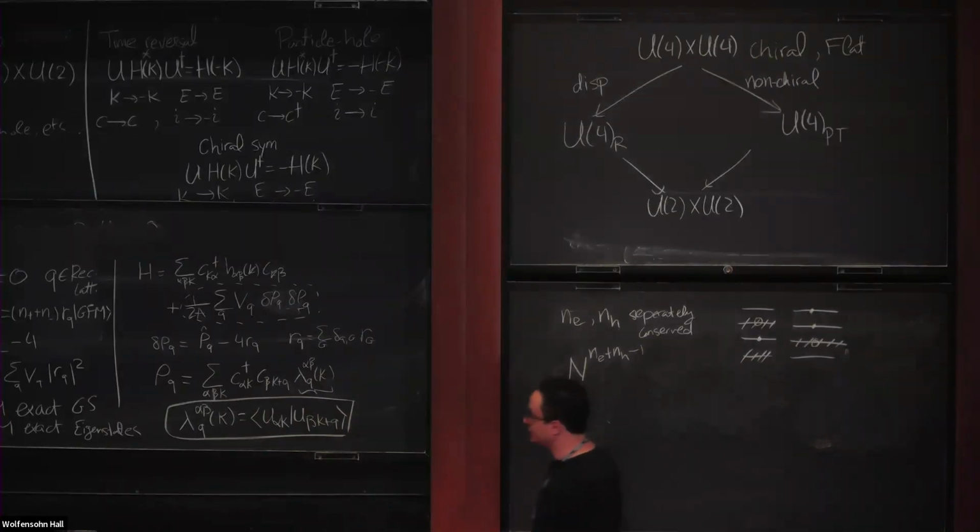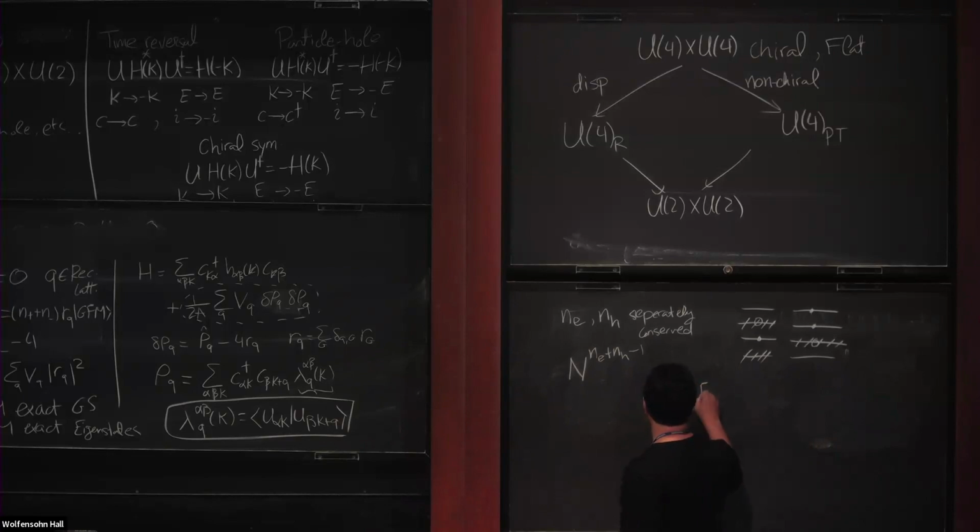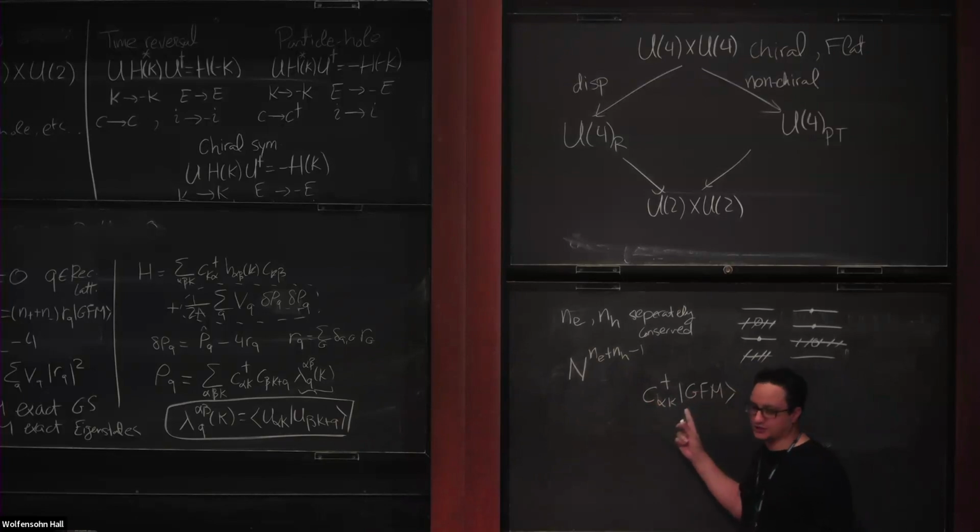For single particle excitations, things are very simple. I can, for example, consider an excitation that looks like this on top of a generalized ferromagnet. And actually, because the numbers of particles and holes are conserved, and because momentum is conserved, this excitation has to be an exact eigenstate.